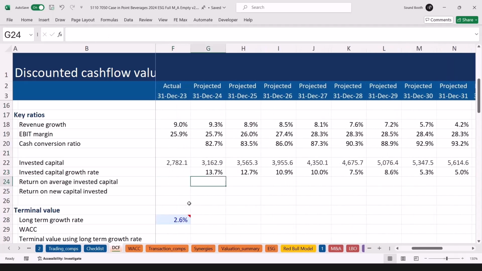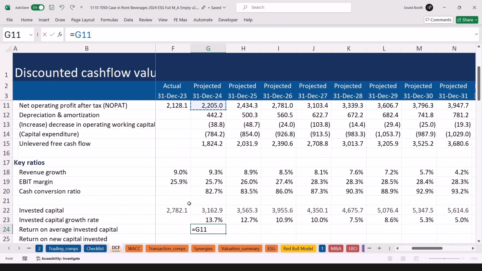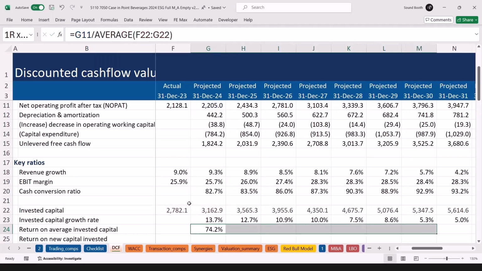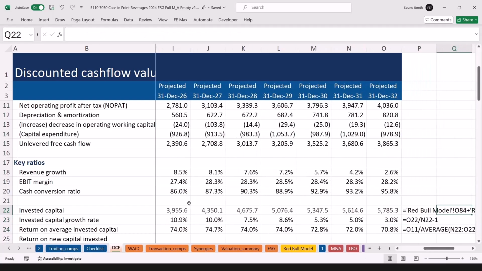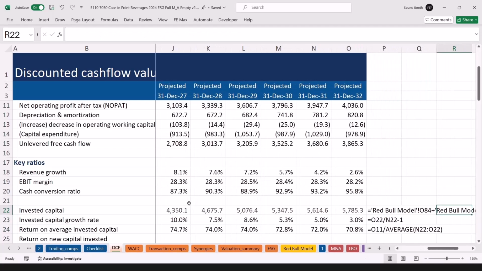For the return on invested capital, we take the NOPAT number, which is net operating profit after tax, divided by the average of last year's and this year's invested capital. Now, the problem with a company like Red Bull is that, because of the intangible assets in the brand and all the marketing spend that goes into the creation of those intangible assets, the return on invested capital is a crazily high number in comparison to the cost of capital, or our WACC calculation.